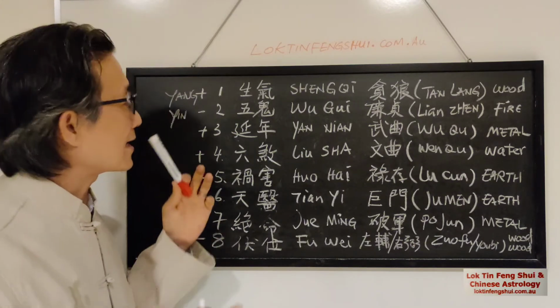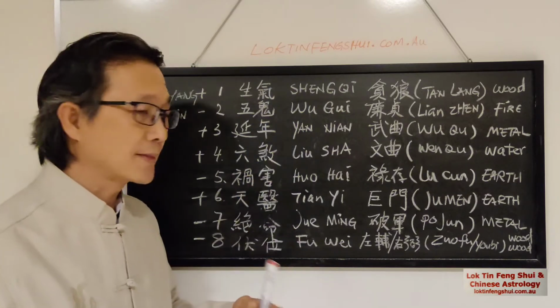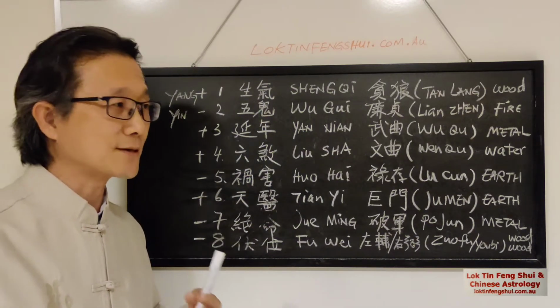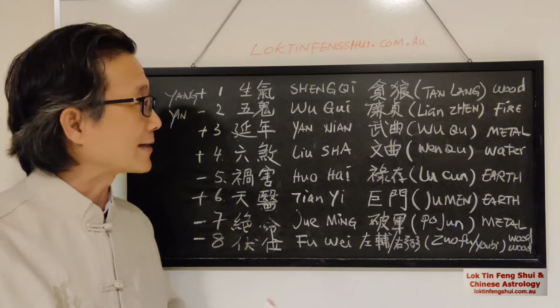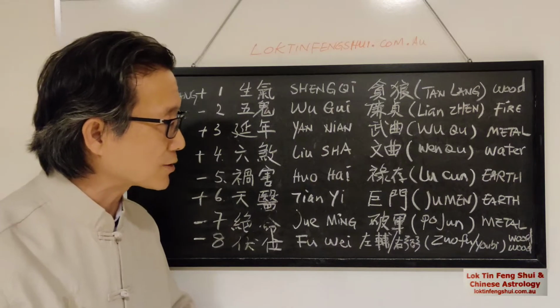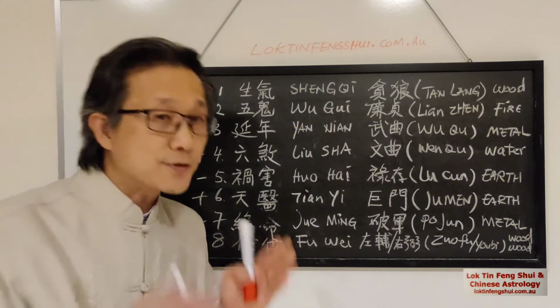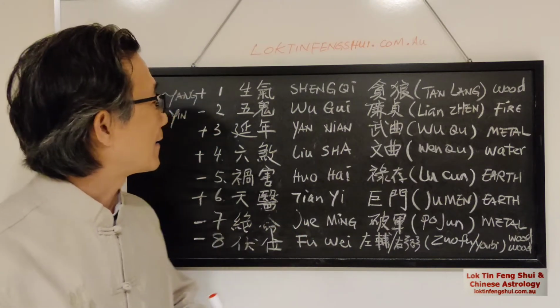It's a yang star. Sheng Qi means growth, birth, sun, growth. So Sheng Qi means prosperity Qi or growth Qi. In the 8-house mansion system, if you do it correctly, the Sheng Qi can actually help fertility.